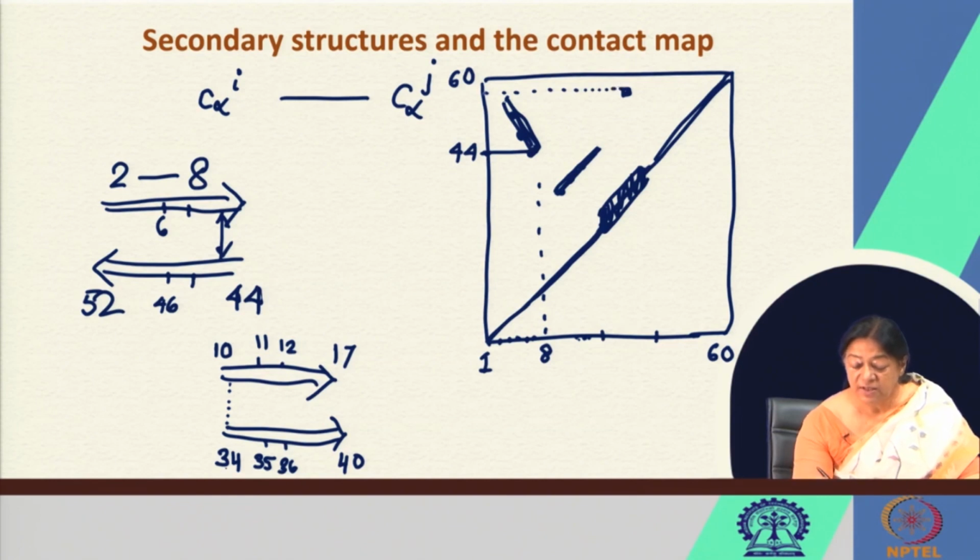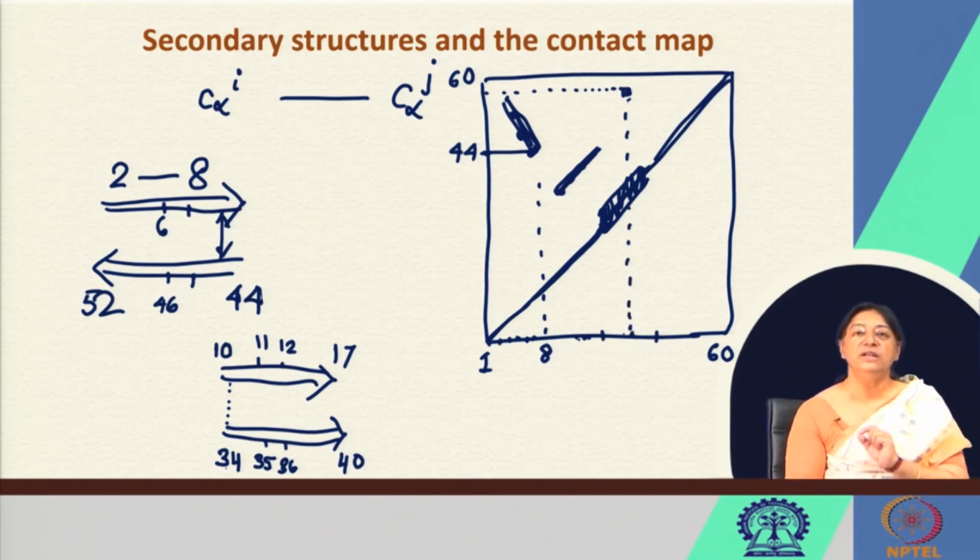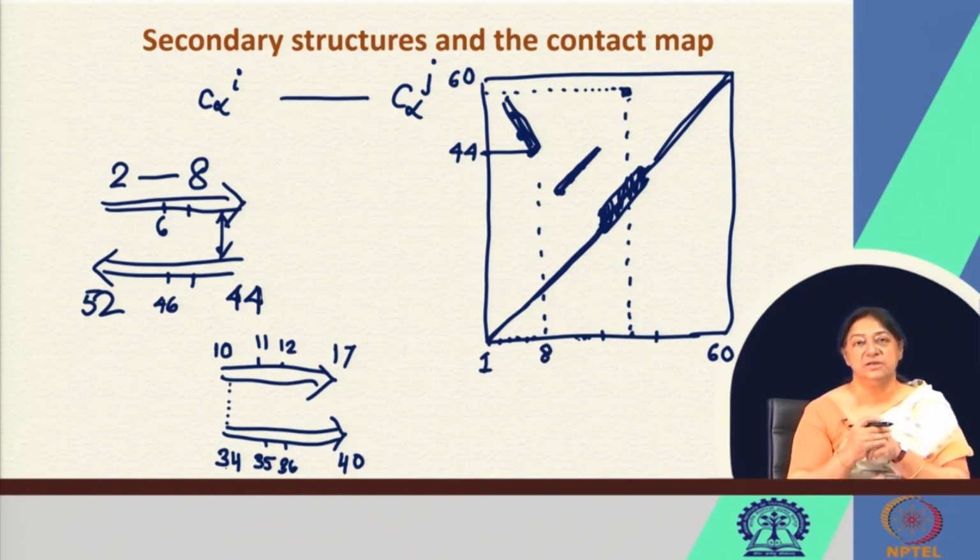Say this is around 40 and this is 58. So, I would say 40 and 58 are close together in 3-dimensional space. Now, the question may arise as to why these two particular residues are close to one another. It could be that they form a disulfide bond. It could be that there is an electrostatic interaction.